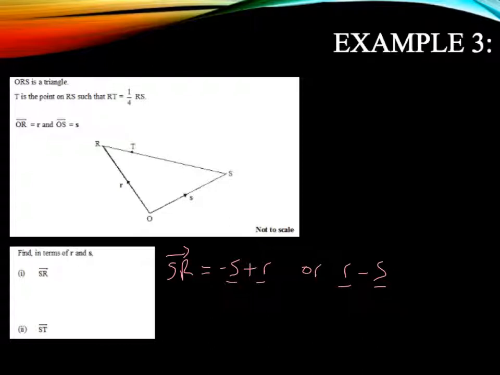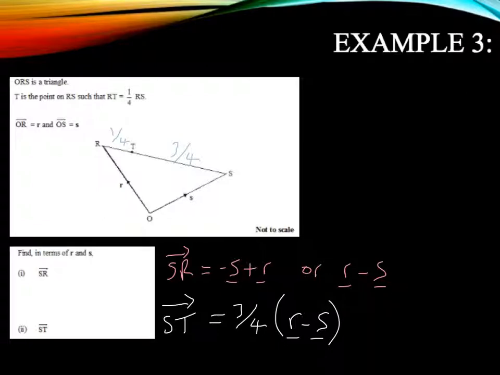Next one, S to T. Well, we know that S to R was R minus S. So S to T, let's think about how we can label this up. This is going to be a quarter of the way along, and this is 3/4 of the way along. So what I'm interested in is S to T, which is 3/4 of the way along R minus S. Where did I get R minus S from?